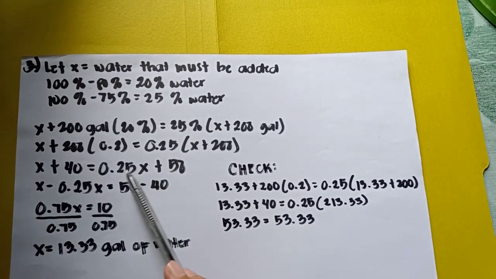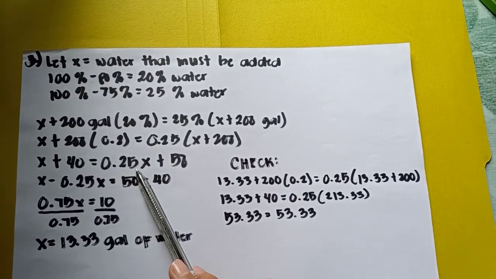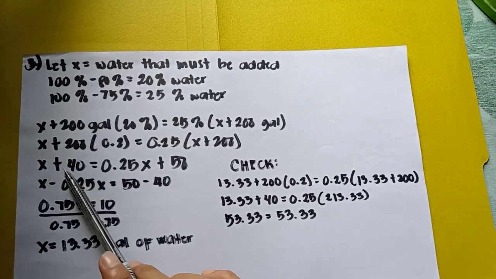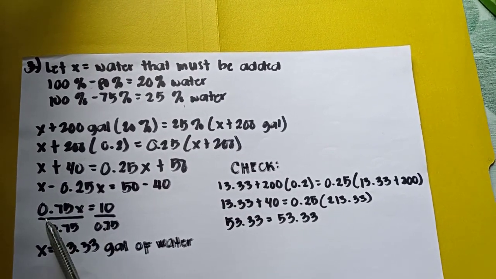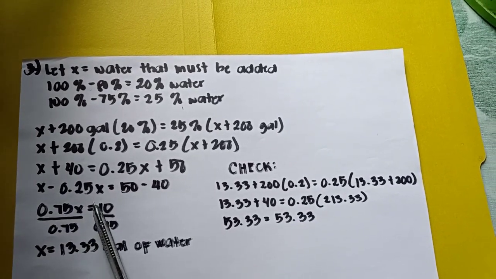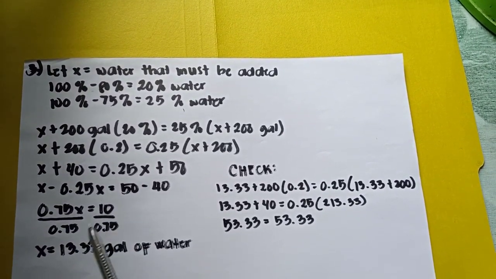We will transpose 0.25X to the left side, so it will be negative, and then 40 to the right side, and it will be negative too. X minus 0.25X is 0.75X. 50 minus 40 is 10.